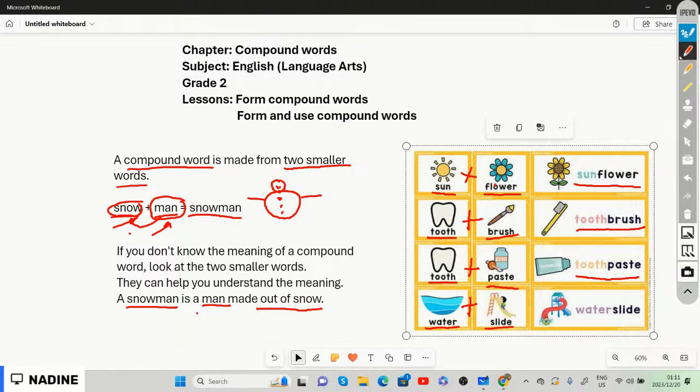A slide is where you get on the stairs and then slide right down on the other side. But now if you put those two words together, water plus slide, it is a water slide, meaning that there's water that comes onto the slide, which makes it a water slide.